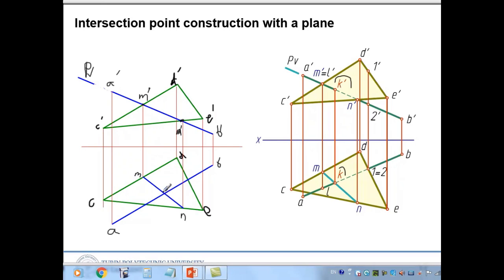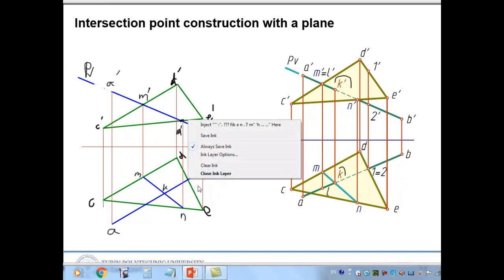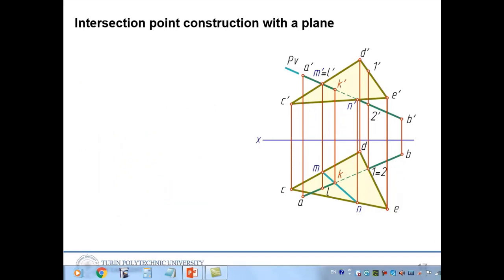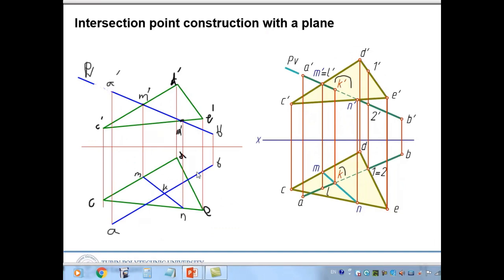Okay, so that is K because it's crossing with AB, and we can find also this point. So say these are two points actually, 1 and 2. So say this one is 1. So we can find that point.